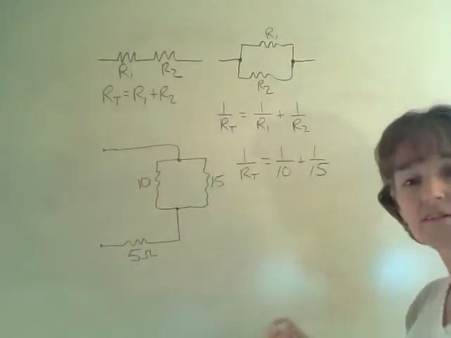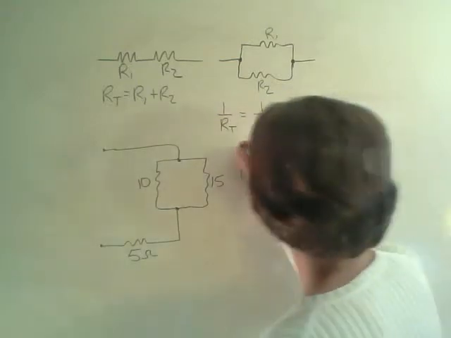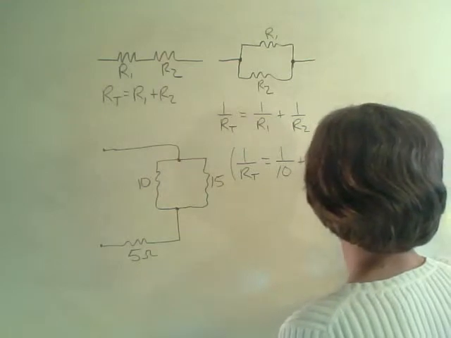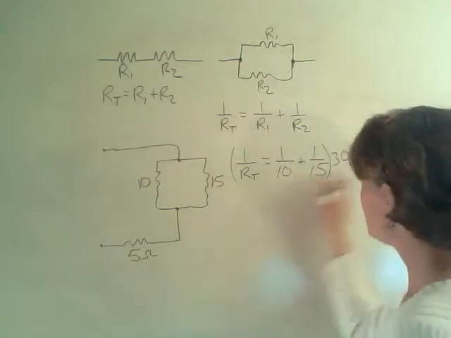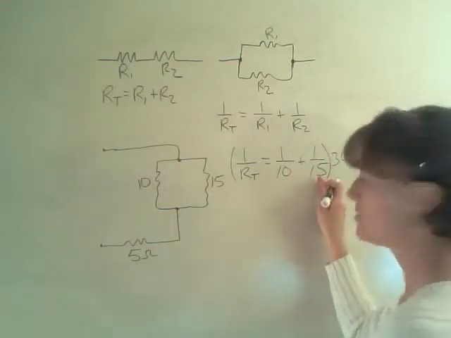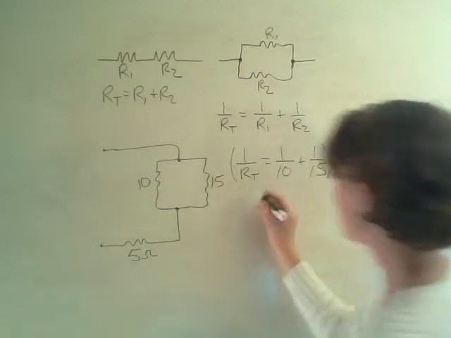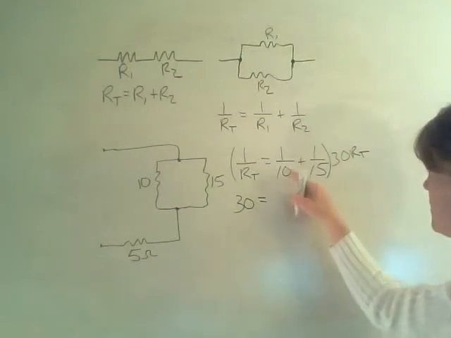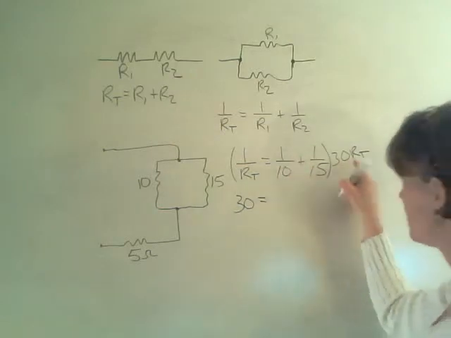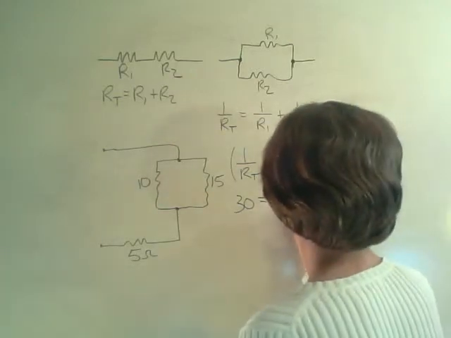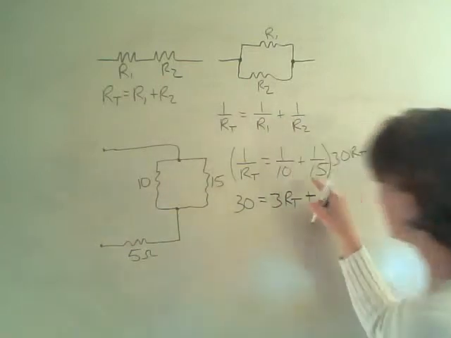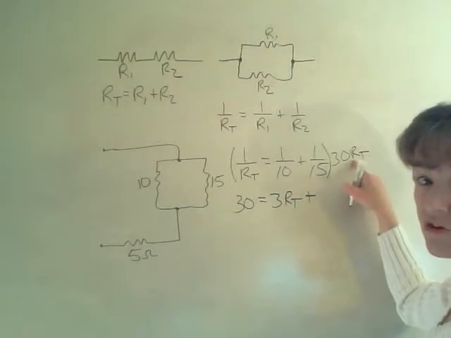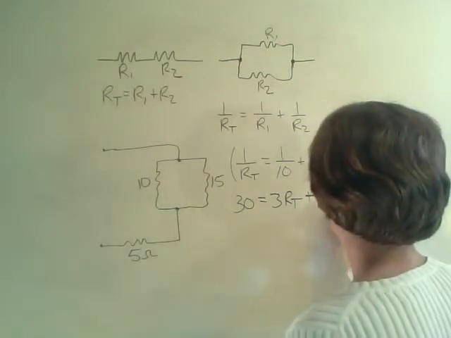All right, well, what's the least common denominator here? Well, the least common denominator is going to be 30 RT. So I'll multiply each term by 30 RT. Well, the first term, the RT's cancel out, and I get 30. When I multiply the 1/10 times 30 RT, the 10 cancels, and I get 3. And when I multiply the 1/15 times the 30 RT, the 15 and the 30 cancel, and I get 2 RT.